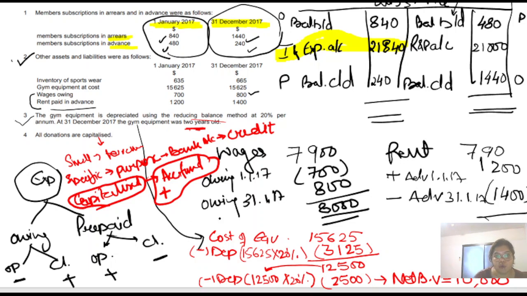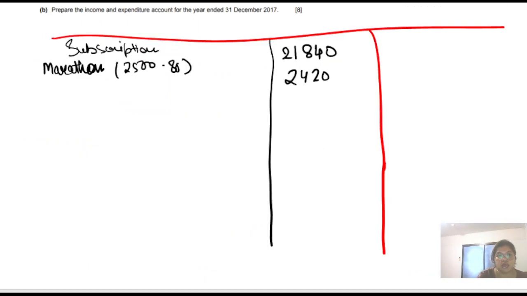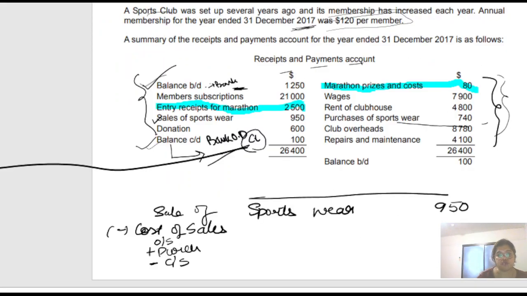In the second point, they gave you the inventory of sports equipment, where the opening value is 635 and the closing value is 665. So I'm going to use that. We add our opening value and deduct the closing stock. So opening stock is 635 and the closing stock is 665.